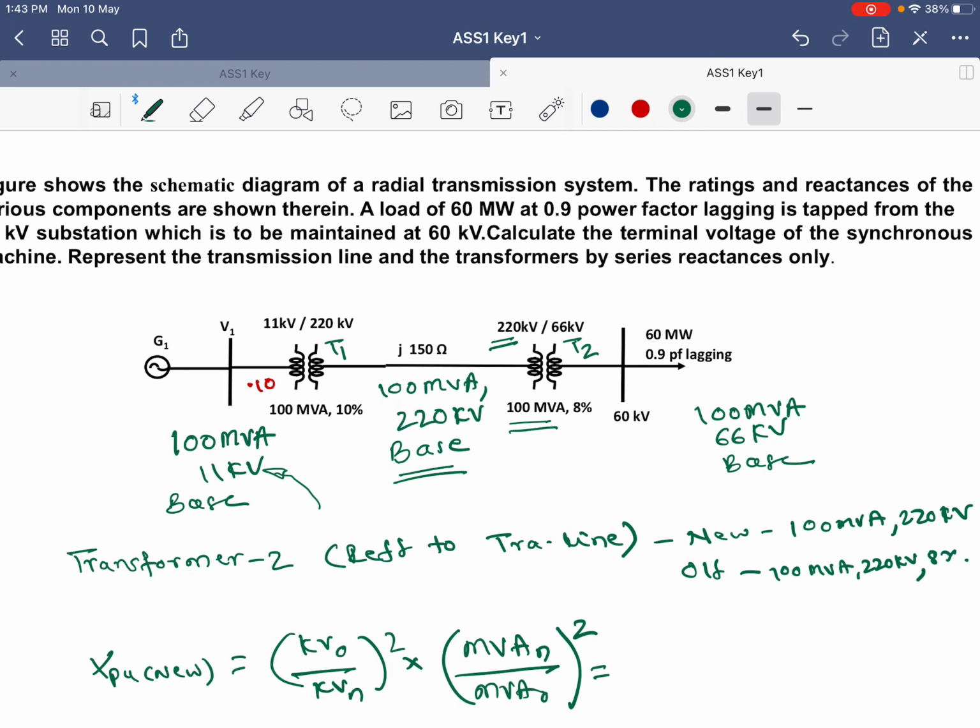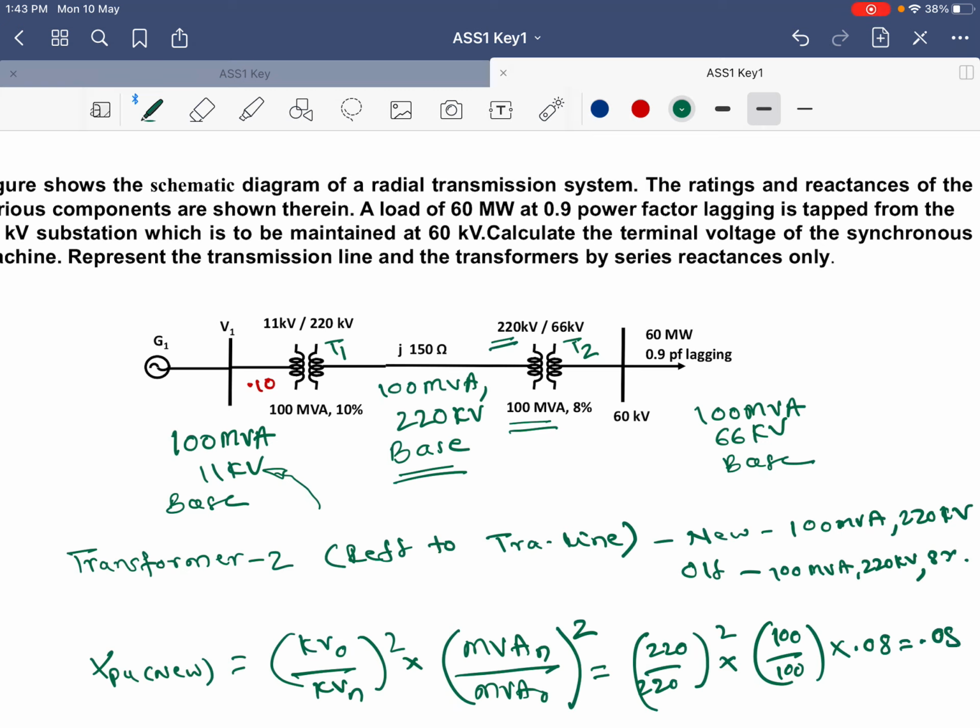Once again you have to substitute in the same equation. What I am getting here is the same, kV old and new are the same. That is 220 divided by 220 whole square multiplied by 100 by 100 into 0.08.